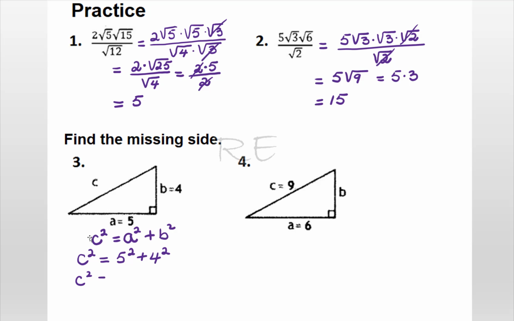So c squared is equal to 25 plus 16. C squared is equal to 41. And c is equal to square root of 41.